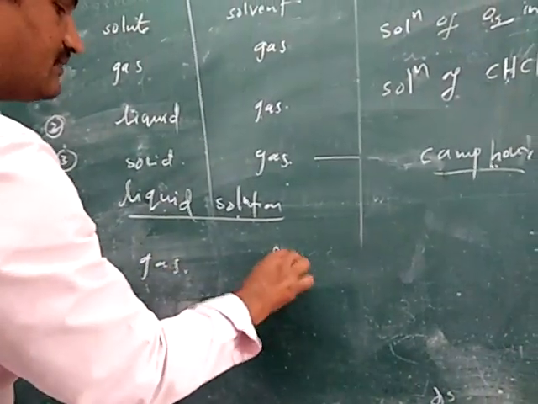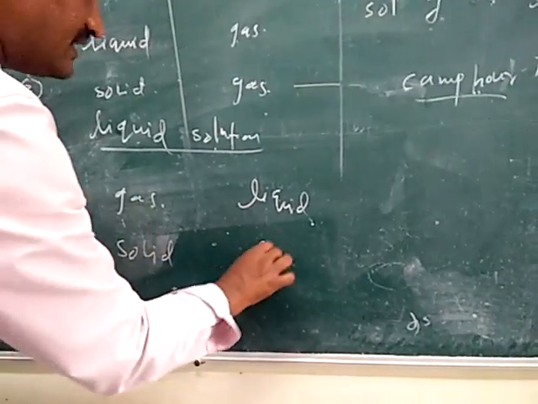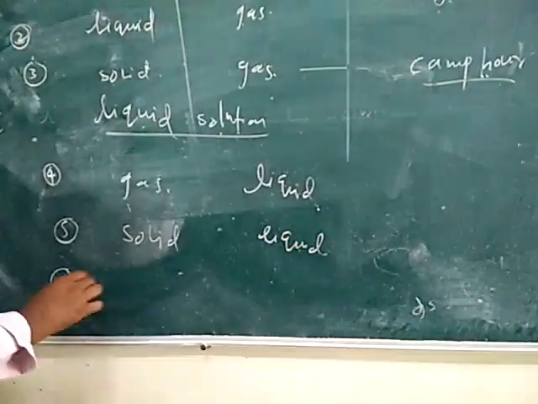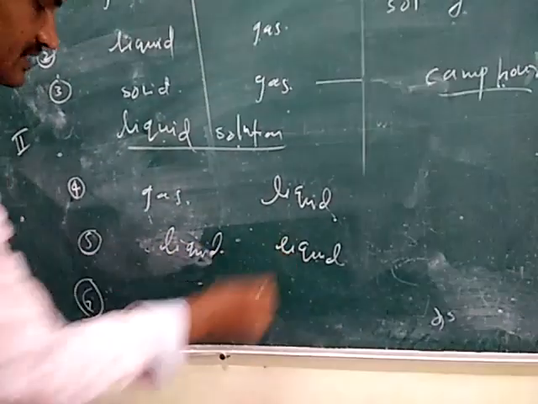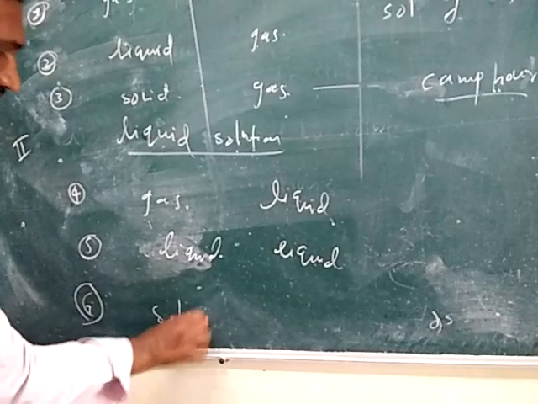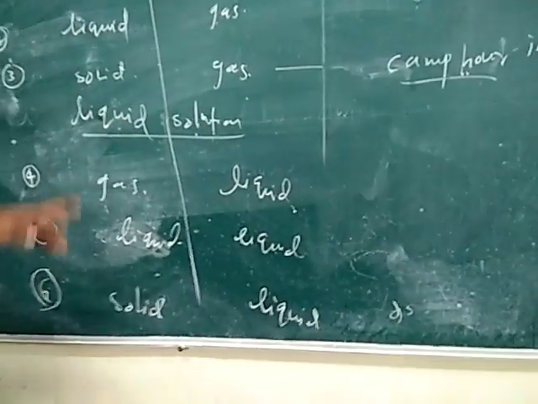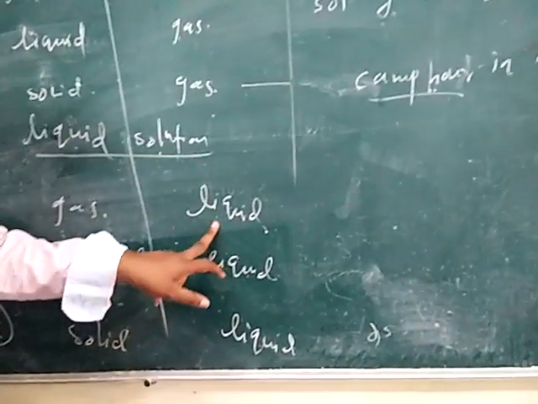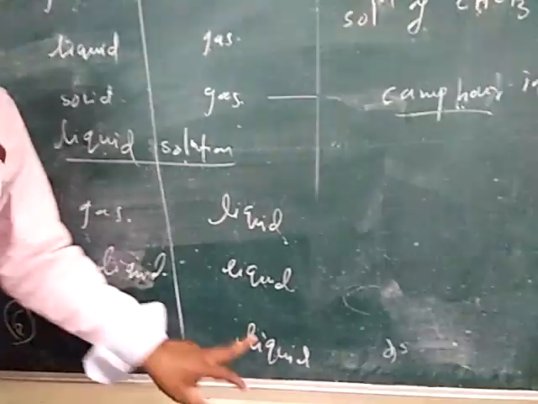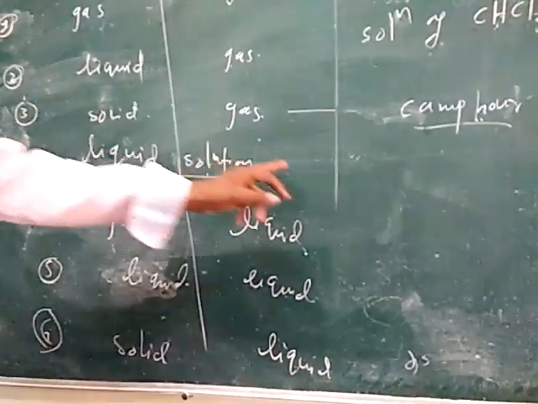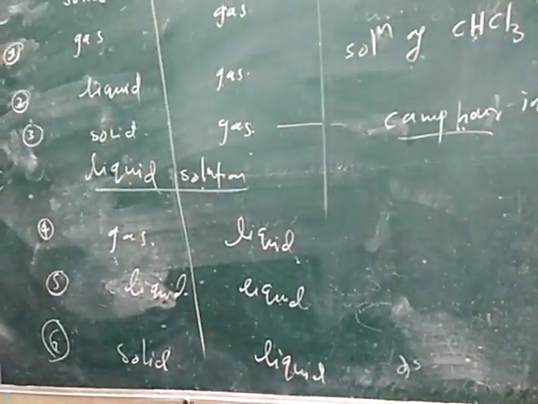Gas in liquid, liquid in liquid, and solid in liquid. Here the solute is gas and the solvent is liquid; the solute is liquid and the solvent is liquid; the solute is solid and the solvent is liquid. When the solvent is liquid, they are called liquid solutions.